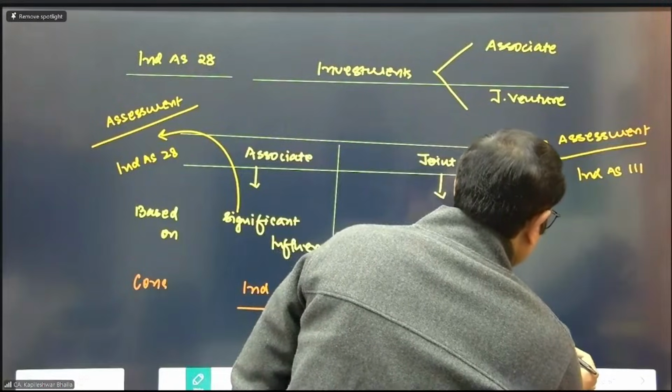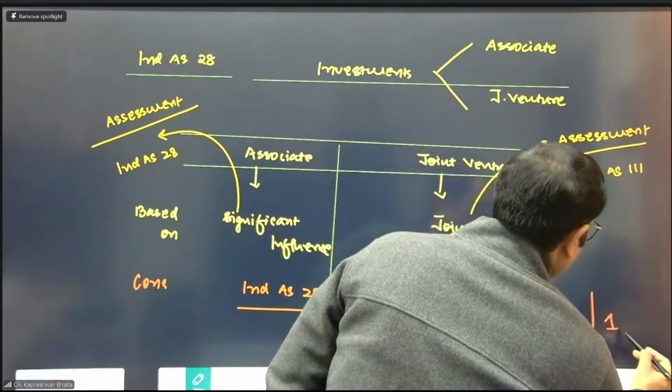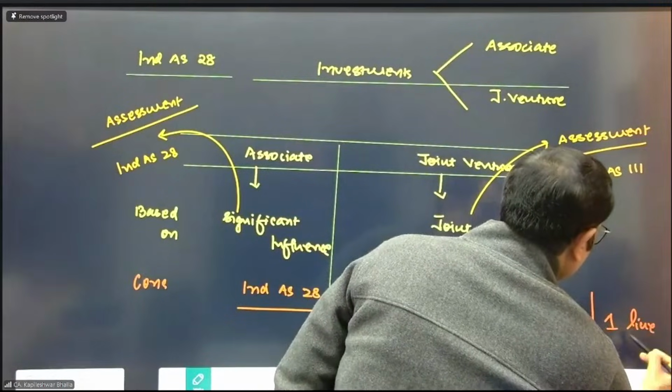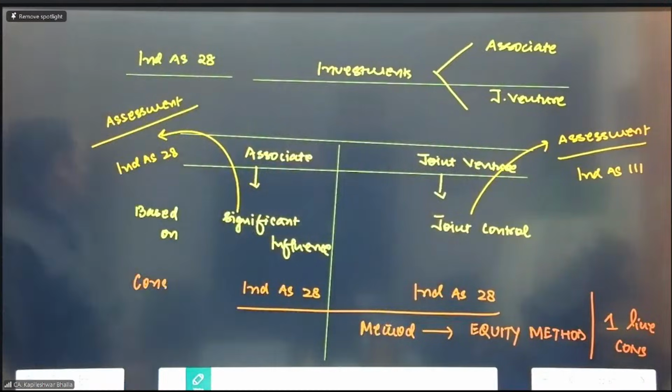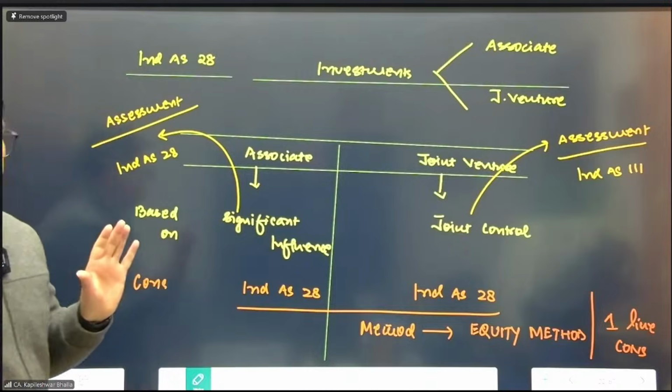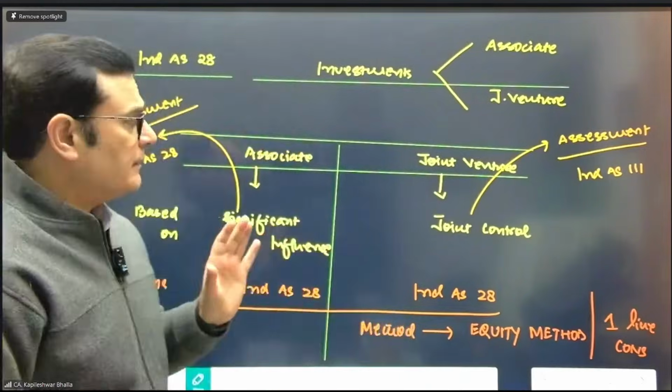The method of consolidation is called equity method, or you can call it as one-line consolidation. So that's a basic clarification as we go on to the standard.